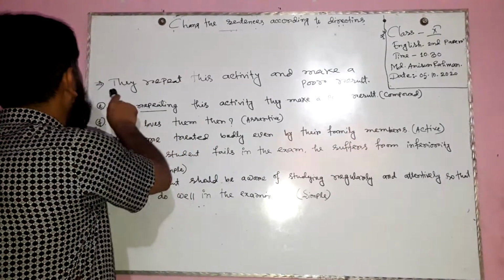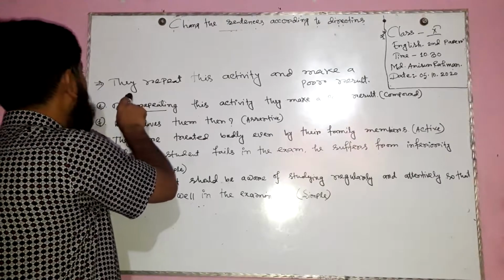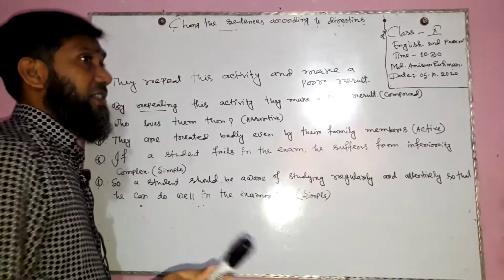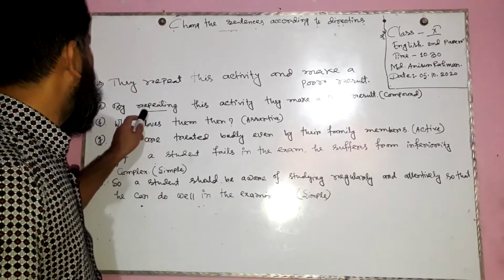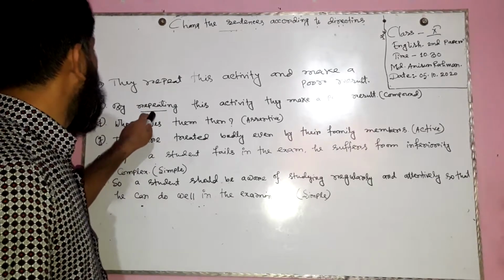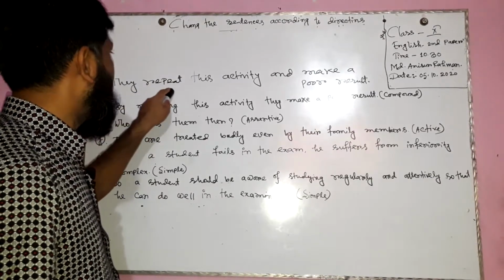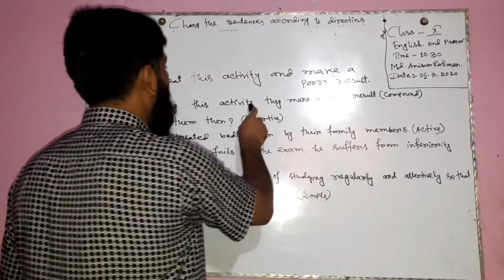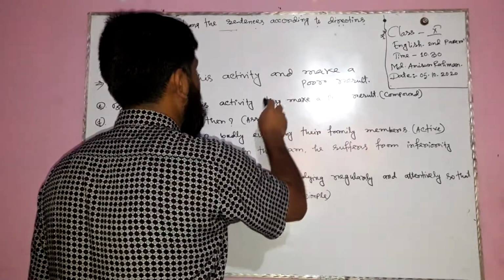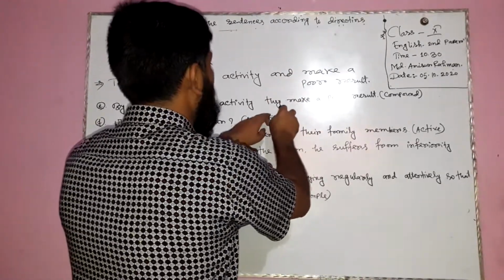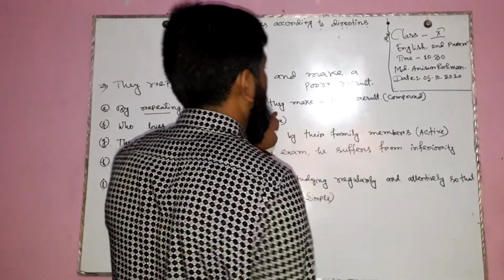So now in this place we have used the subject they and turned the main verb repeating into present, repeat. They repeat this activity, and there is no need to use they in make a poor result. It's very simple.